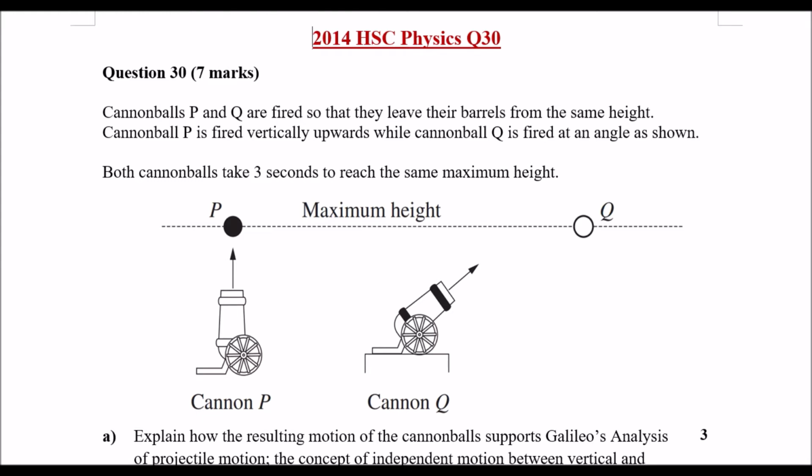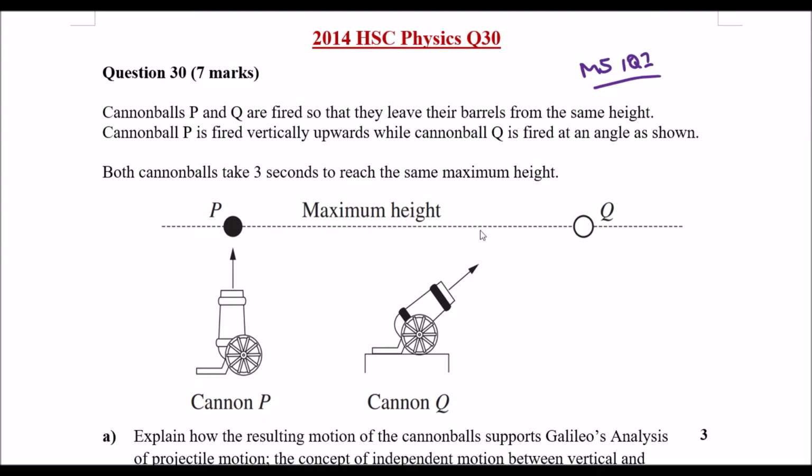In today's lesson, we're going to be looking at Module 5, Inquiry Question 1 of Projectile Motion. This is from the 2014 HSC Physics paper, and let's have a look at what it's asking and see how we can answer it. So we have cannonballs P and Q. They are fired so that they leave their barrels at the same height.